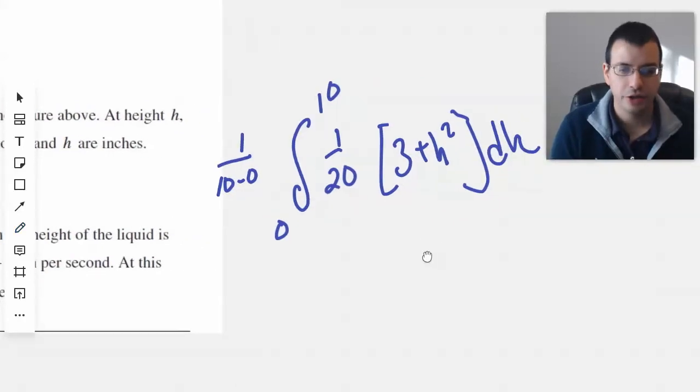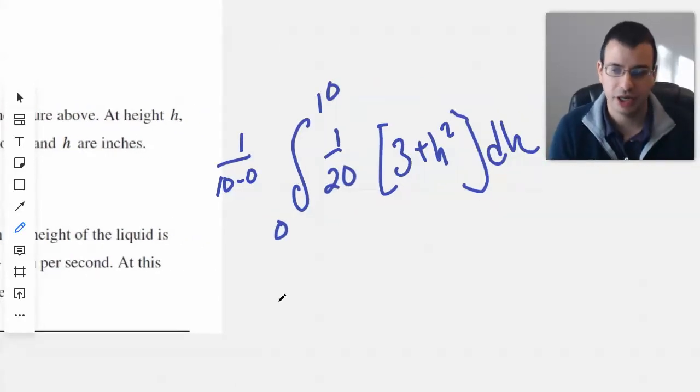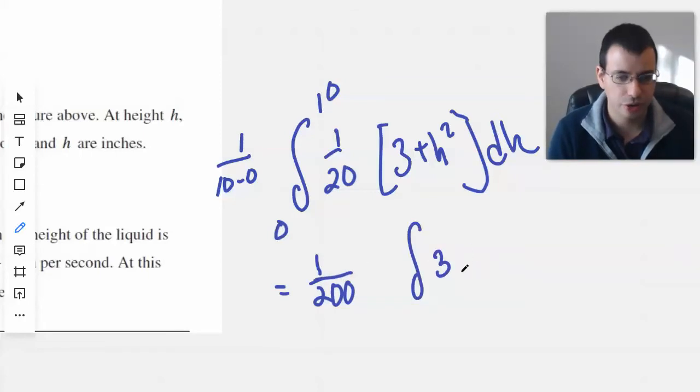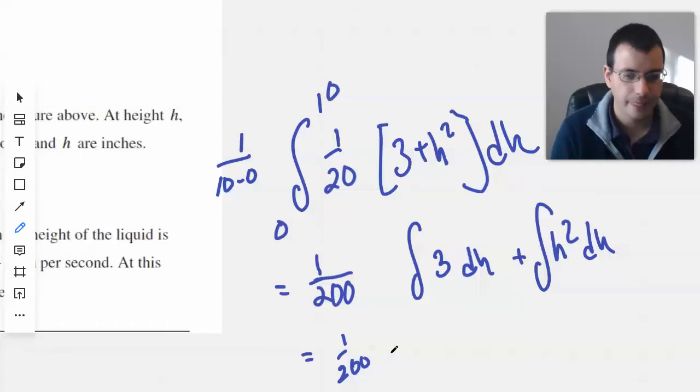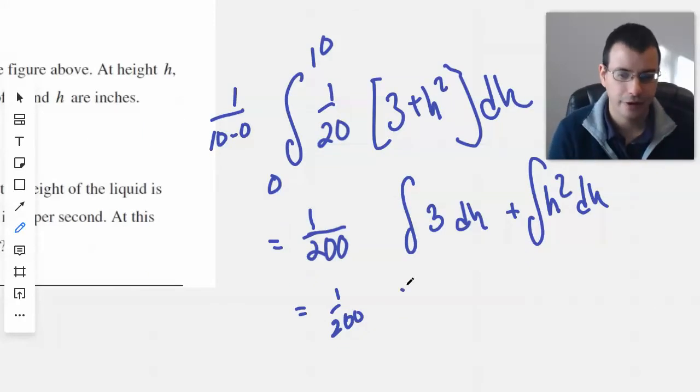Okay, so to solve this, I am going to split this up into 3 dh plus h squared dh. The integral equals 1 over 200 times 3h plus h cubed over 3.